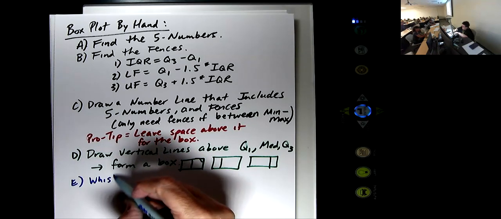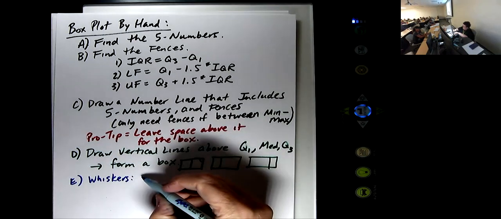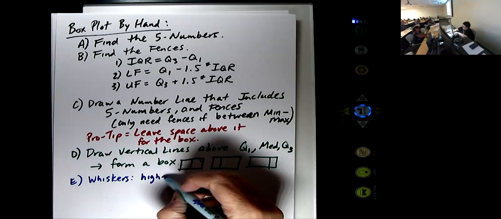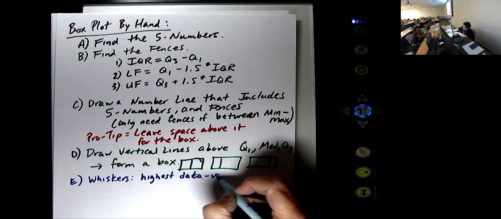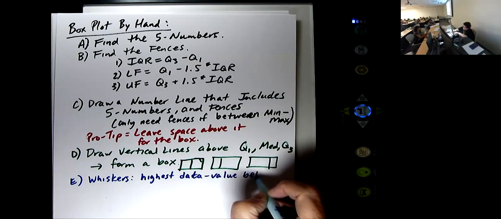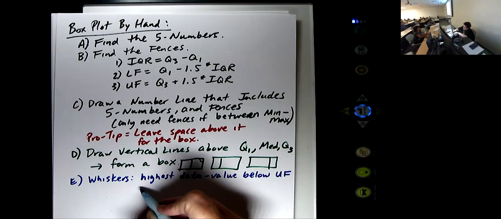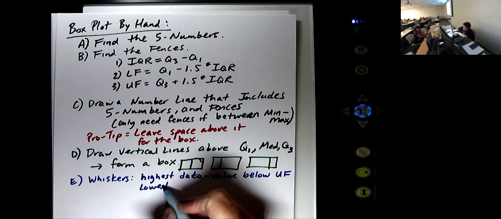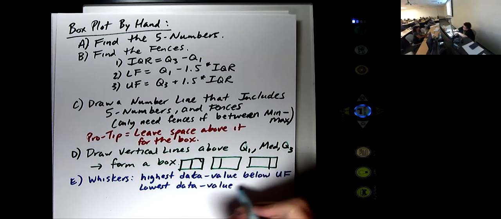The whiskers. We find the highest data value below the upper fence and the lowest data value above the lower fence.